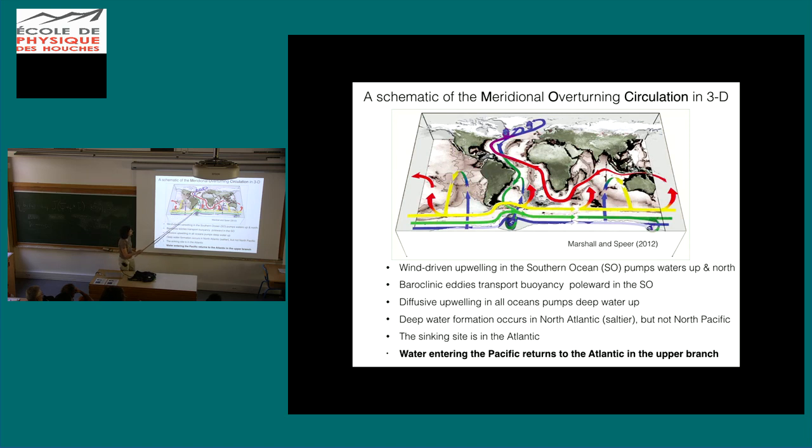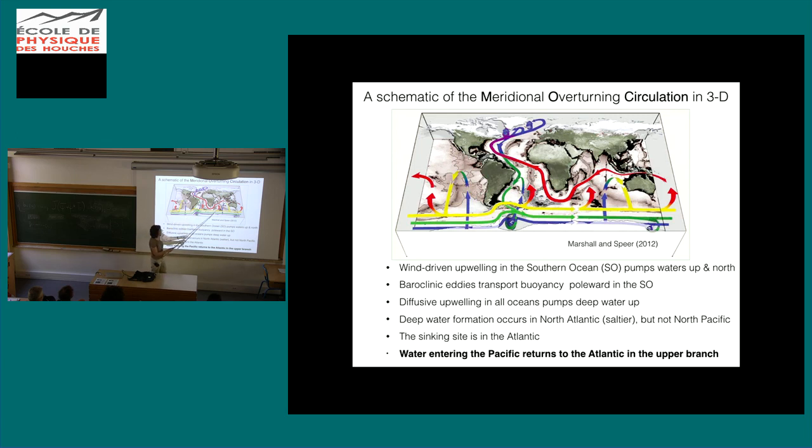is a schematic of the global circulation, is the fact that water is upwelling all along these longitudes, and you generate this abyssal cell here in the Indian and Pacific Ocean, and then you have water from the Ekman transport entering the Atlantic, entering the Indian Ocean, entering the Pacific, and then it all sinks in the Atlantic.